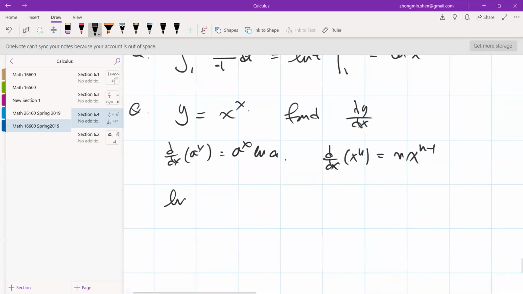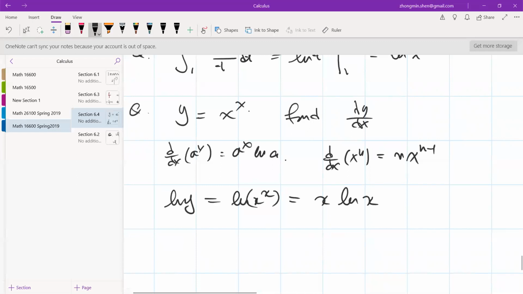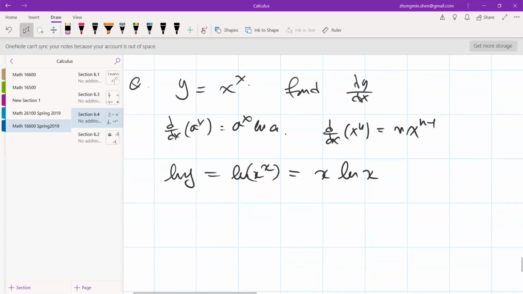One is I put the natural log on both sides. Then I get natural log y equals x times natural log x. Then I can differentiate both sides with respect to x, right? So this is a product of functions, x times natural log x. So when you differentiate, you get 1 over y dy over dx.